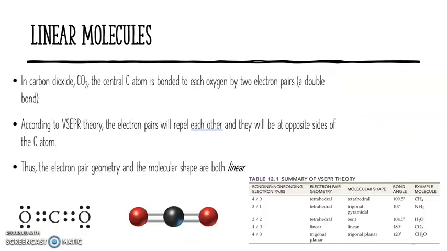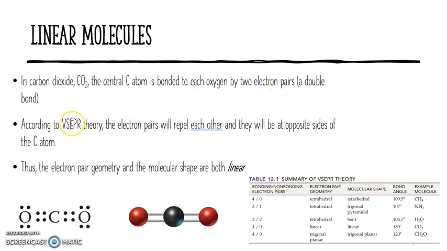Sometimes when an atom bonds to two atoms, it's not always bent, like the example of carbon dioxide. Carbon dioxide has carbon as the central atom bonded to oxygen, but not by 1 electron pair, by 2 electron pairs.